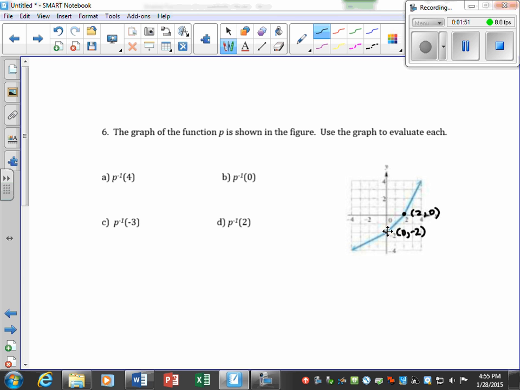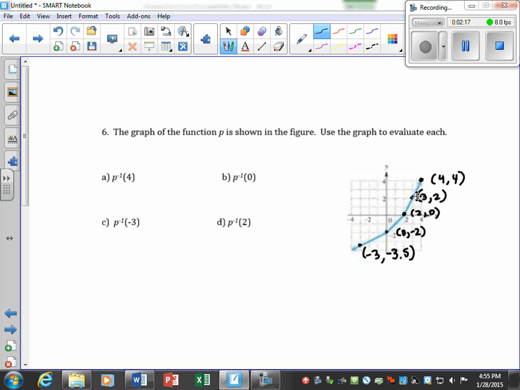This is the point (3, 2). And up here is the point (4, 4). And let me find one down here a little bit closer. It looks like (-3, -3.5) approximately.